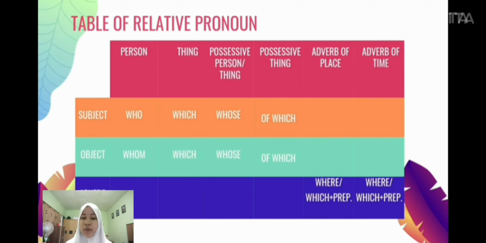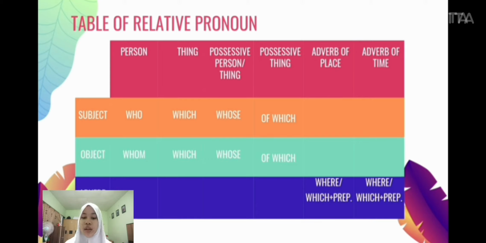Table of relative pronoun. Person: subject is who and object is whom. Second, thing: subject using which and object using which too. Third, possessive person or thing: subject uses whose and object uses whose too.